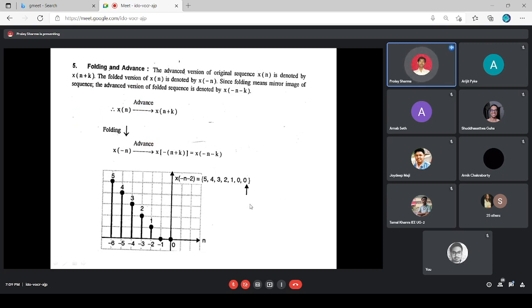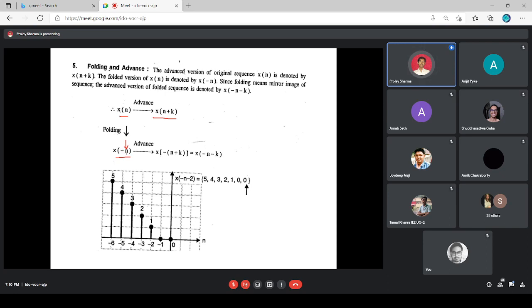Now folding and advance. Advance, we know, means a signal will be shifted towards the left hand side and the expression will be like this, n plus k. Now we are doing the same operation on the folded signal. x[n] is the signal. If it is folded, it is x[-n]. Whatever operation you do, we have to perform it on n only.